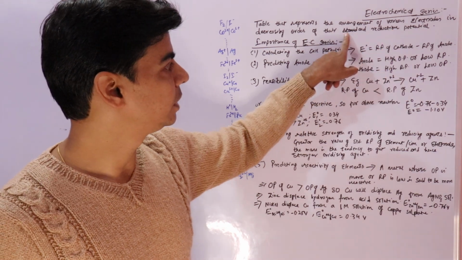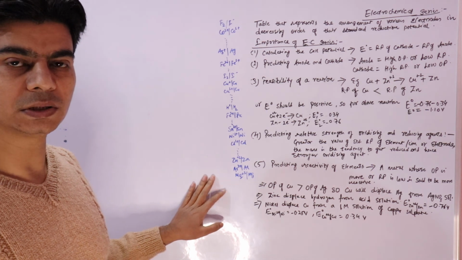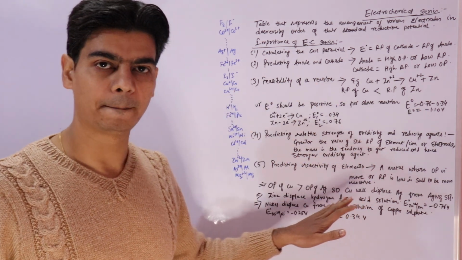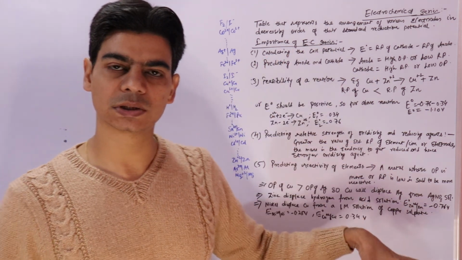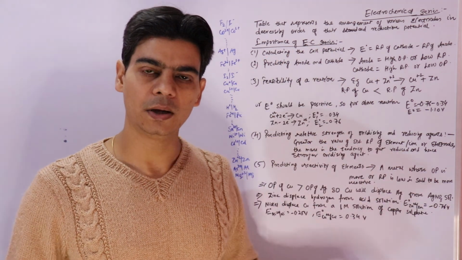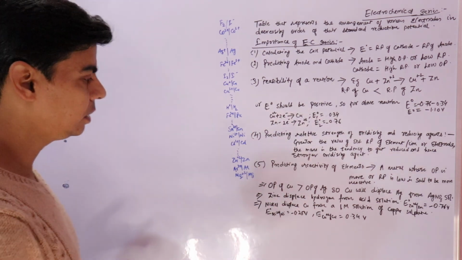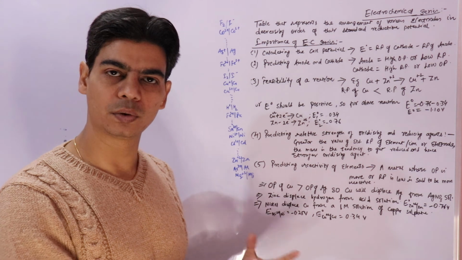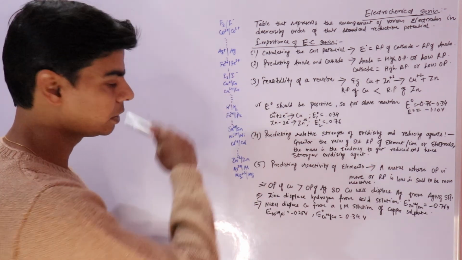Make sure you understand all these electrode potentials are standard electrode potentials, which are measured on the hydrogen scale. That means these electrodes are coupled with the hydrogen electrode, and their EMF is calculated, like we studied in electrode potential in our previous lecture. So this is similar to that.